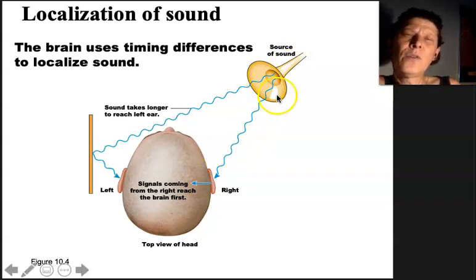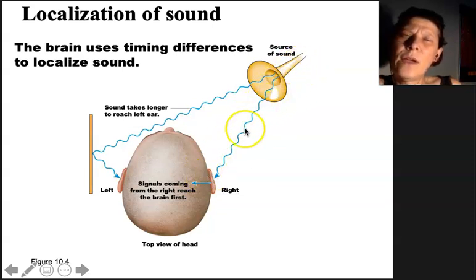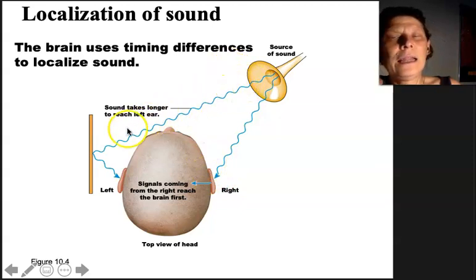When the sound comes from one side, let's say the right side, the traveling time of that sound to the right ear, and then signaling ultimately to the auditory cortex on the right side, is much shorter than the sound waves hitting the left ear.